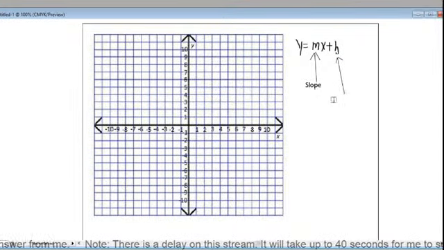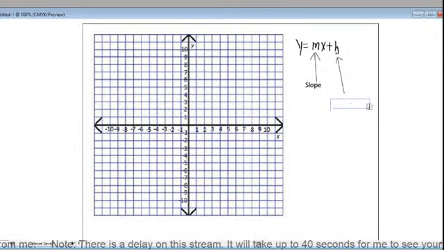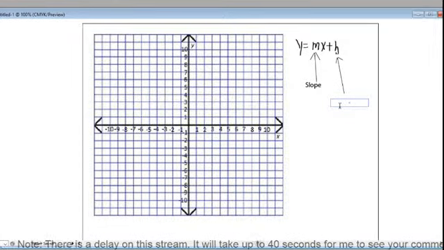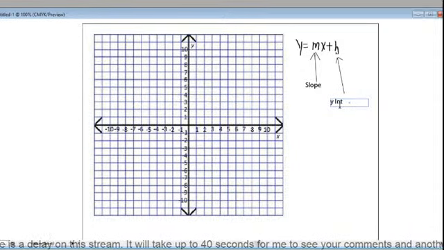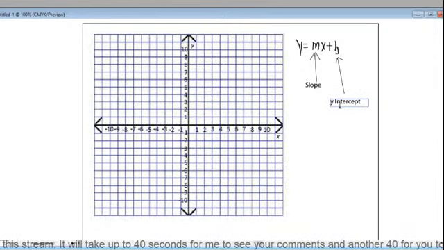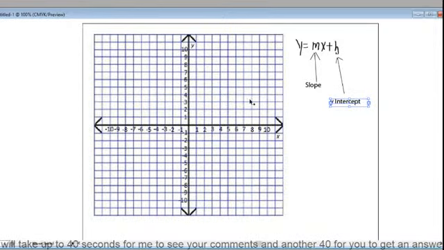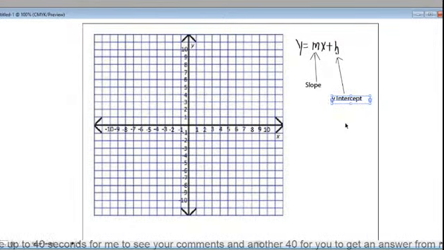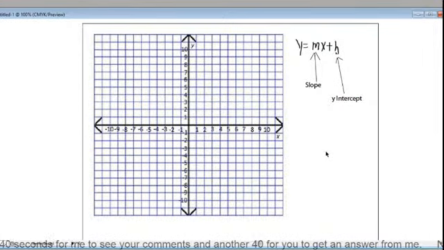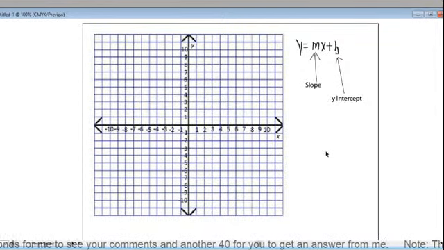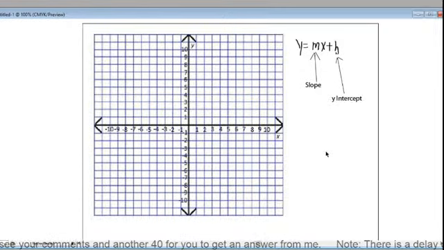And that is the y-intercept. The y-intercept is where our graph, our line, is going to cross the y-axis.